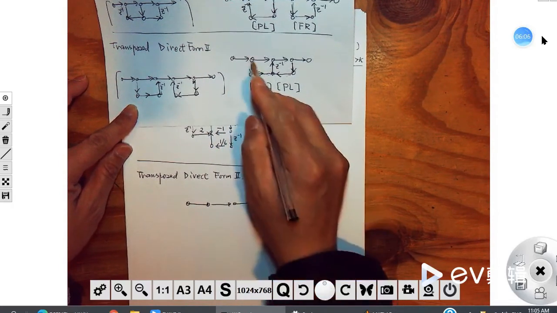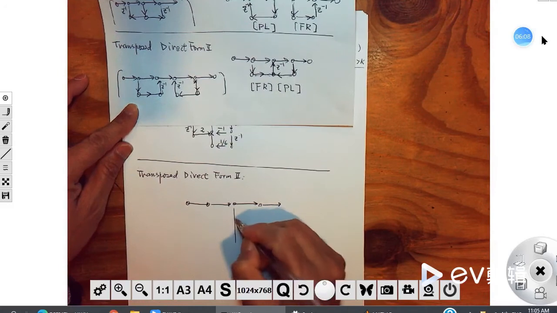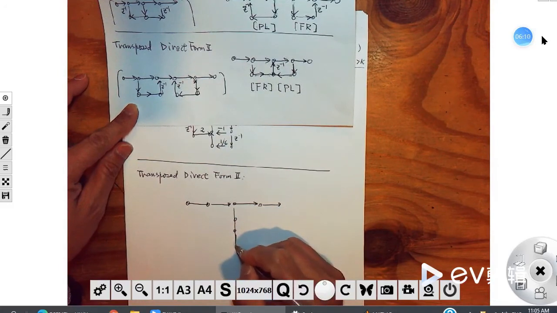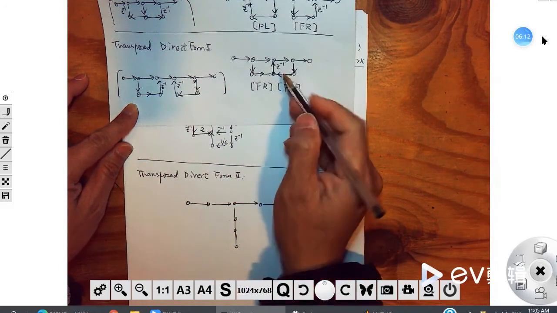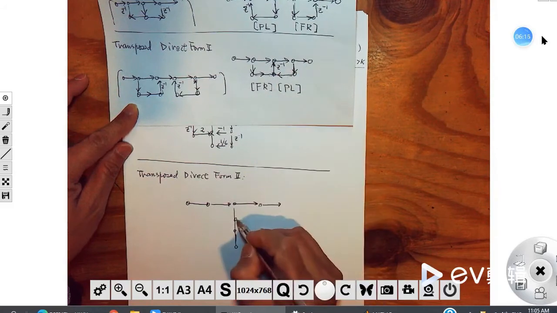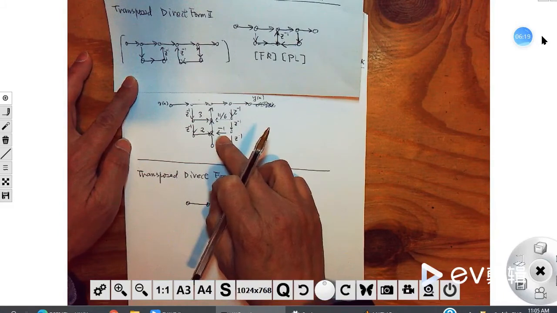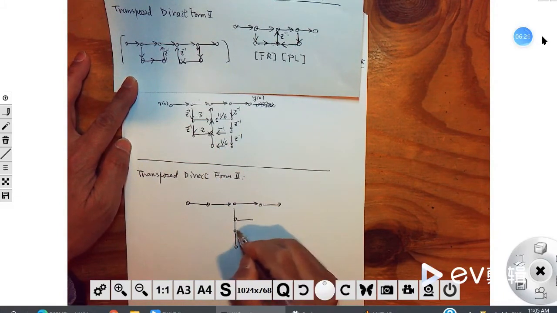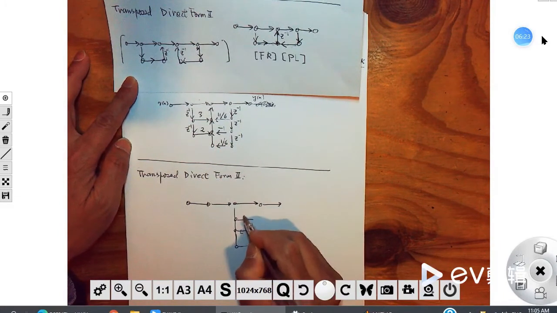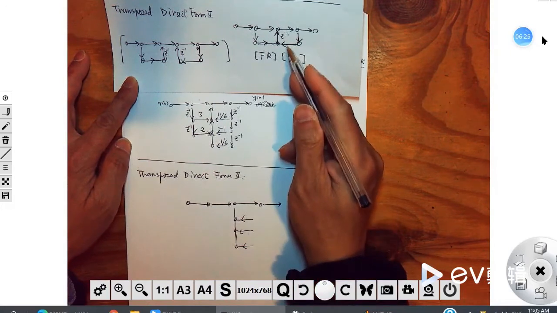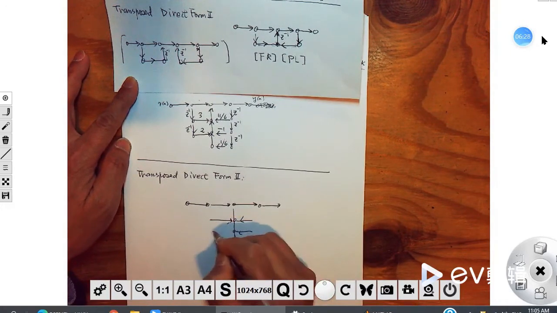So we need this one. And then here I need a 3. Now the backward part is here. Similar with this. Backward is here. Right, backward is here. And forward, we need 2 forward.